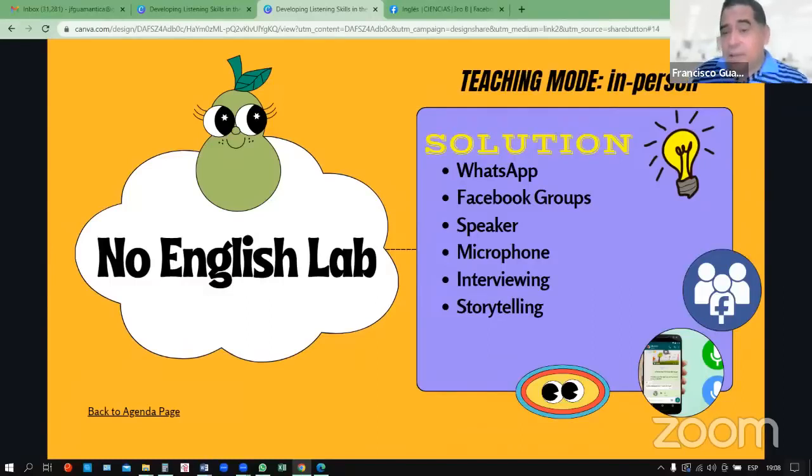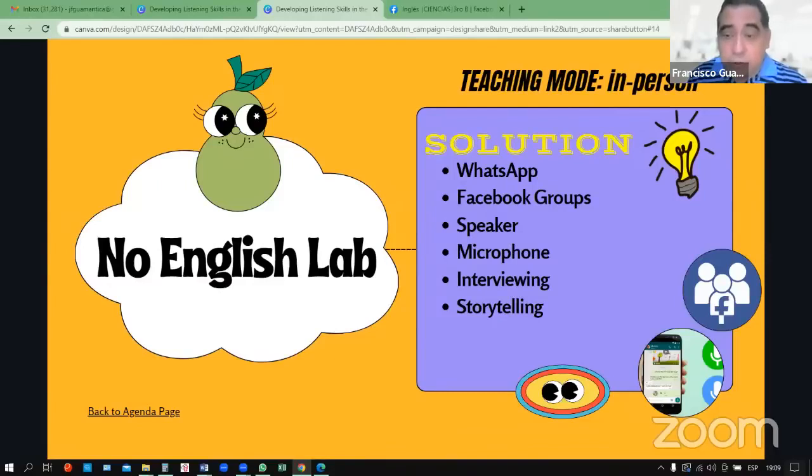Okay, yeah. I'm not saying that you can work with Facebook groups in class. I am talking about outside the class, the input that you can give outside the class. If you are good using Facebook, or you have a Facebook account, it's not going to be difficult for you to understand how to make Facebook groups.